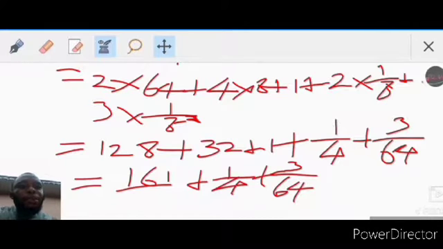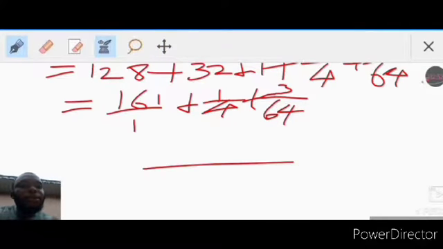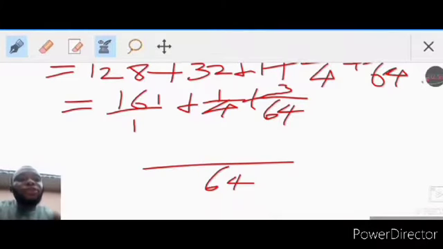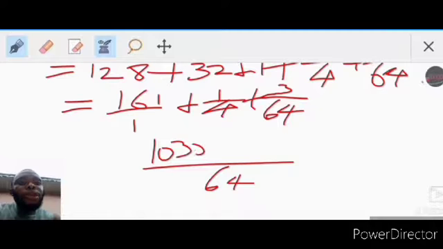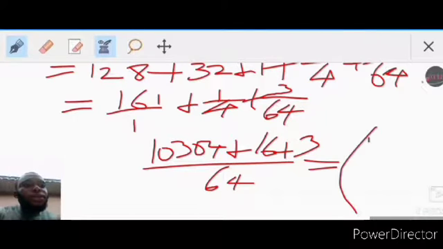This will give us 10304 plus 16 plus 3, equals 10323 over 64 base 10.